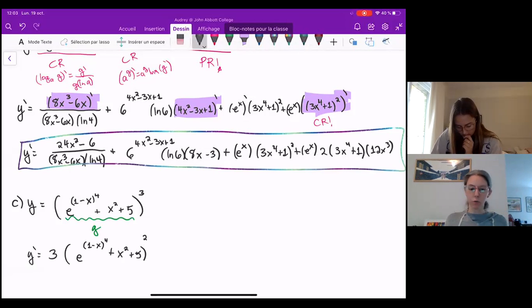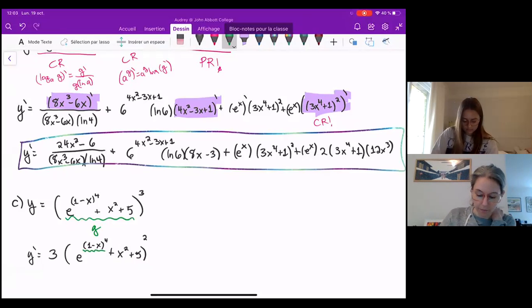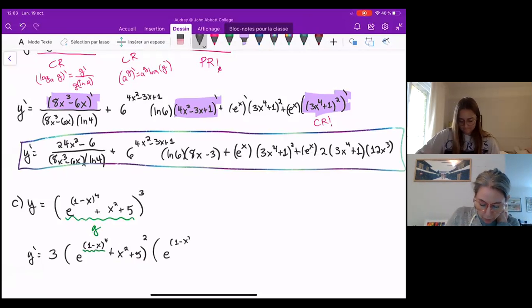So now I'm doing the derivative of my g. So I'm looking at that inside function. And I'm like, okay, well, for e to the 1 minus x to the 4th, look, I have another g. So I'm going to deal with that. So I'll have e to the 1 minus x to the 4th, but now I'm pulling out the derivative of 1 minus x to the 4th, which has a new g, which is that inside, 1 minus x.